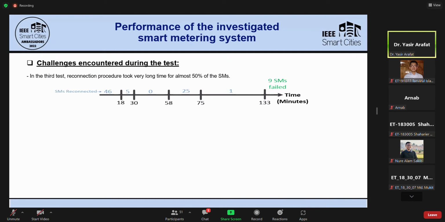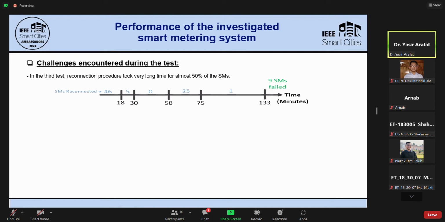But it needs to be done physically, by going to the customer site. There were some people prepared during our test, so they reconnected the meters. If any meter does not support this optical eye, then the solution would be to replace the meter.